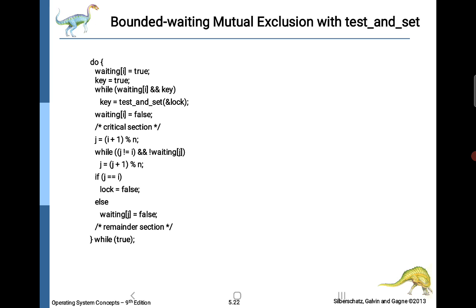Then I will unlock the counter and declare my lack of interest. That means I will change the value of lock. It's not locked anymore and it's not my turn. I'm not waiting, so anyone who is interested can come and execute.